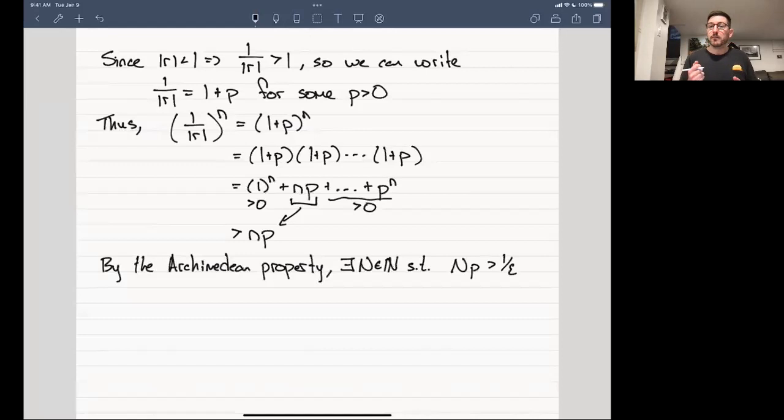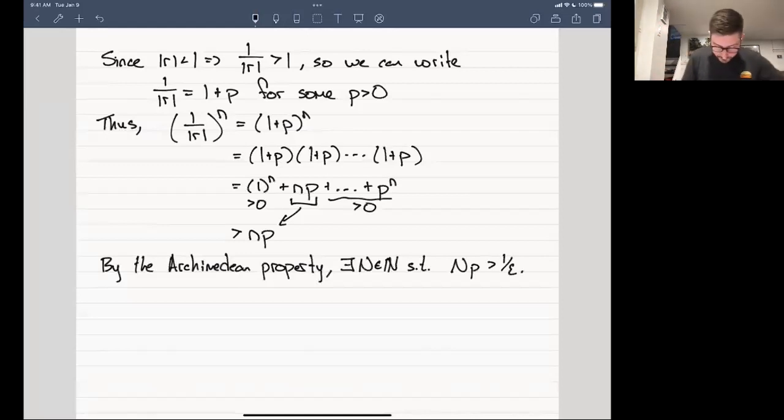Again, if p is not bigger than 1 over epsilon, then I can add p's over and over and over again until I am bigger than 1 over epsilon. 1 over epsilon is just a positive number. Again, it could be 3 or it could be 100 trillion, whatever it is, doesn't matter.